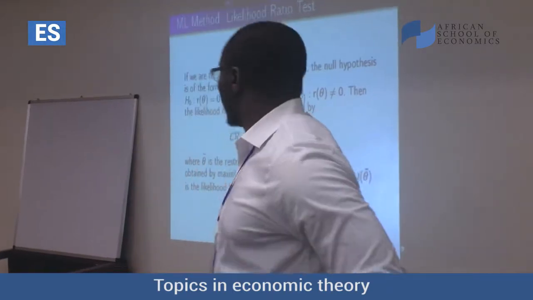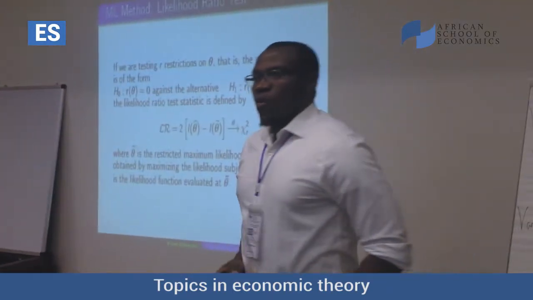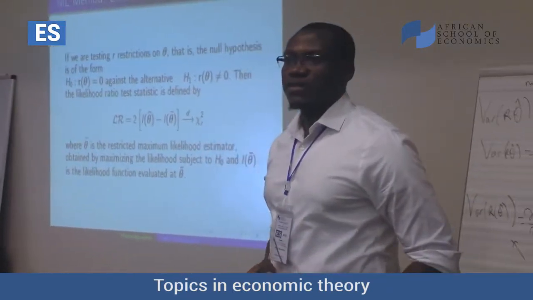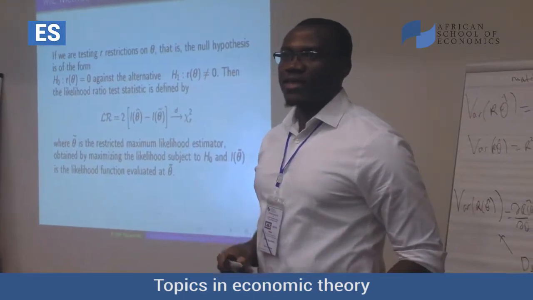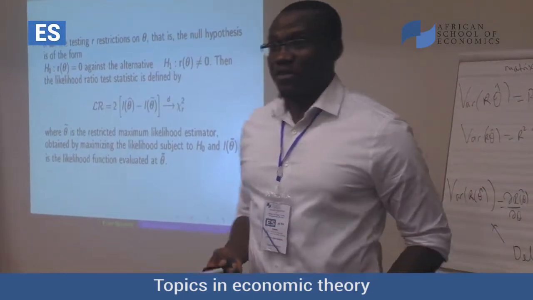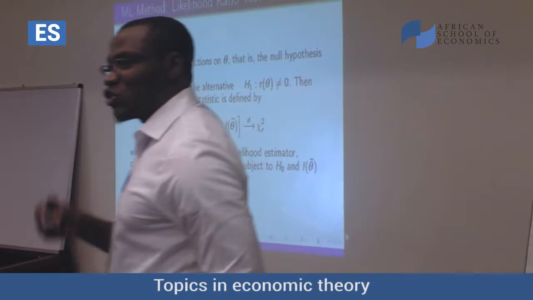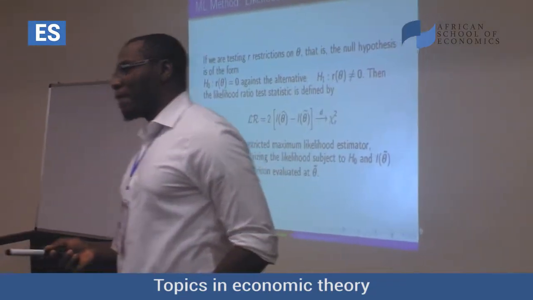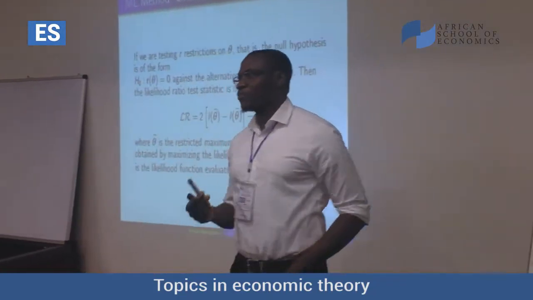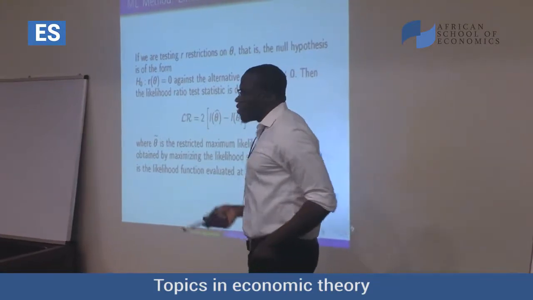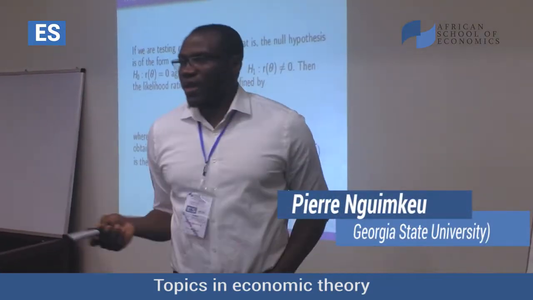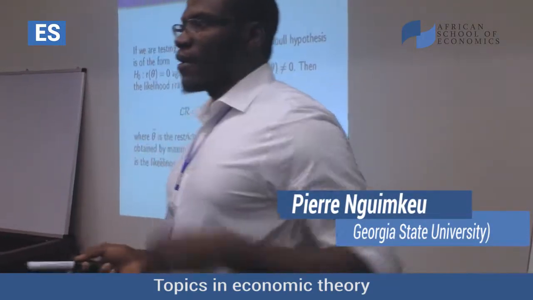And so in that case, you will be using the Wald statistic, right? But in other cases, the MLE itself is complicated, but the constraint MLE is easy to get. And so you use the Lagrange multiplier test. But in cases where you can easily get both, then you can use any of those three tests, all right?